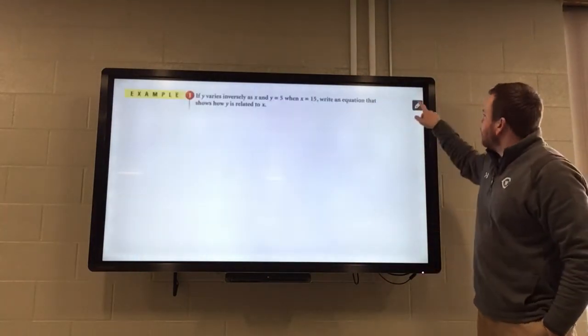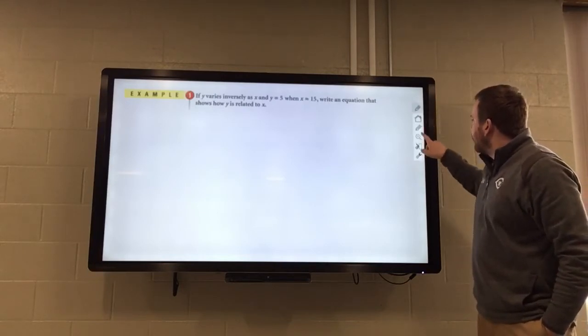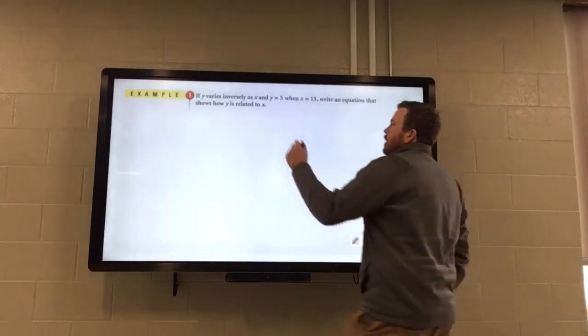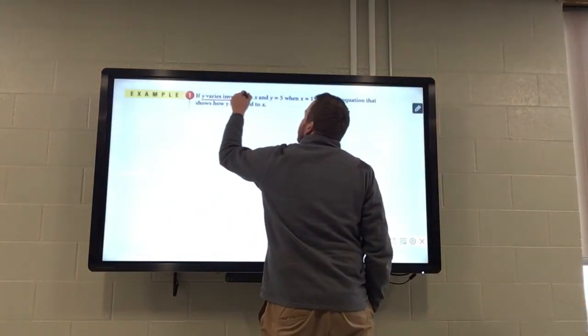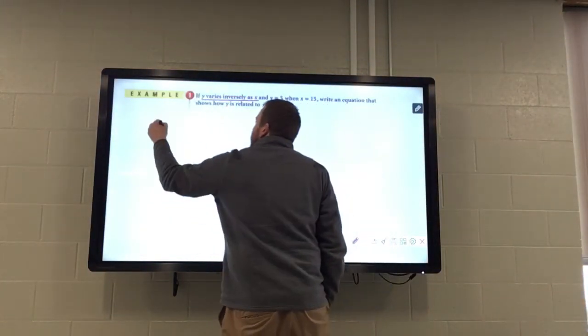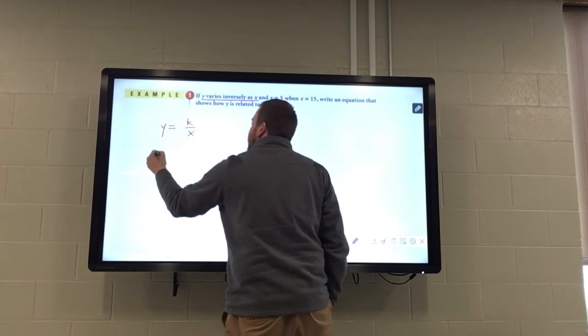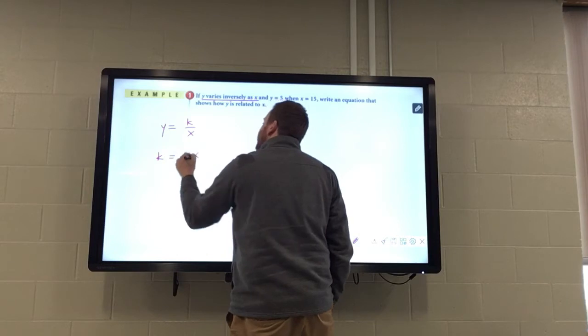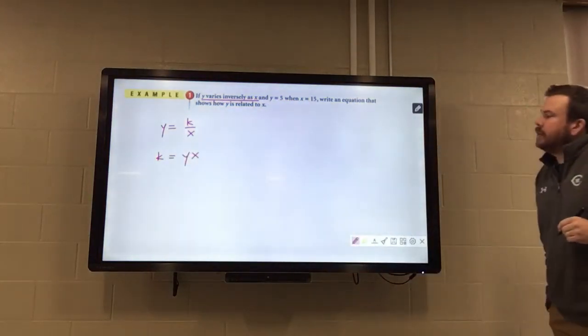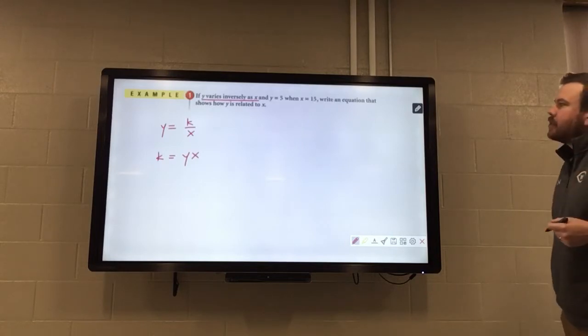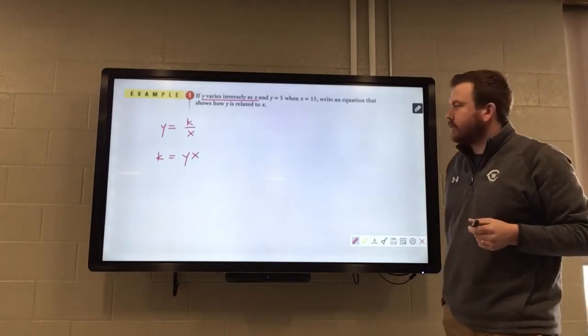So let's say, like in this example, as soon as you read y varies inversely as x, we think of those two equations. Y is equal to k over x, and k is equal to y times x. They tell me that y is 5 when x is 15. We want to write an equation to show how y is related to x.